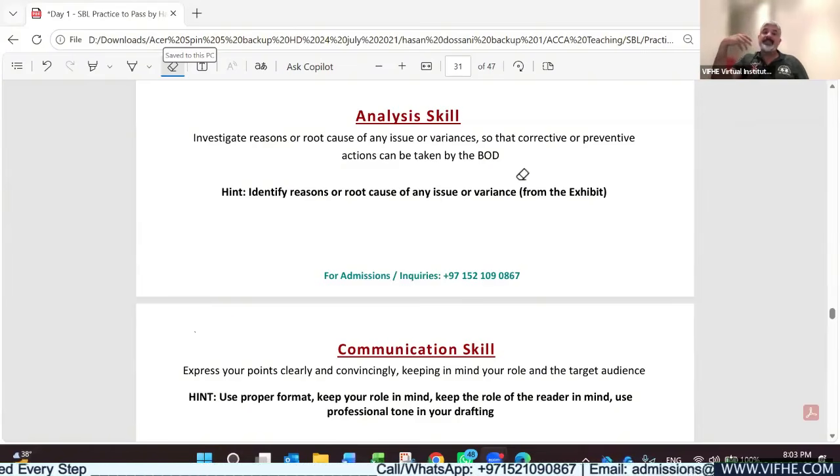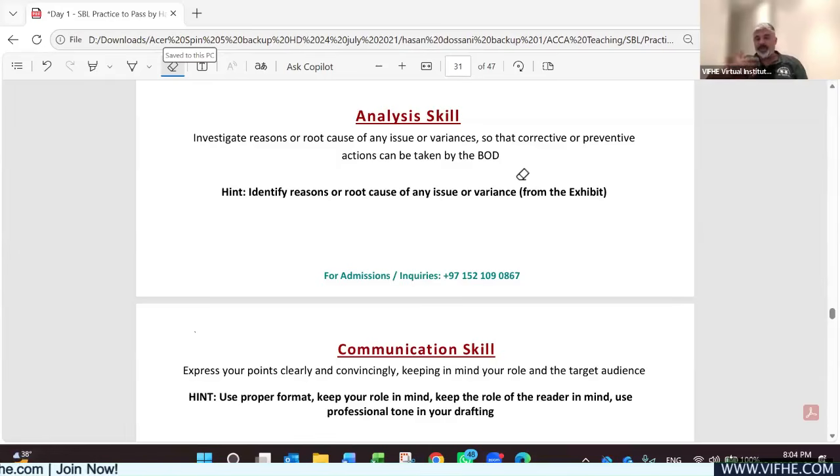Another scenario: the profit has suddenly doubled this year. Is that good or bad? That's good, right? But the board will ask how or why the profit has doubled.